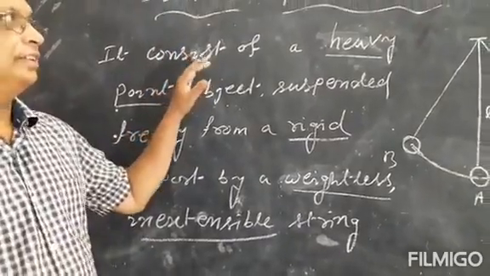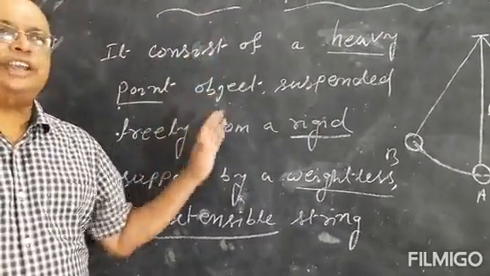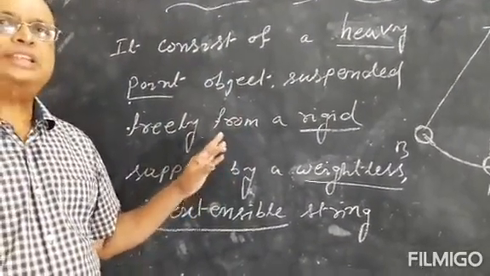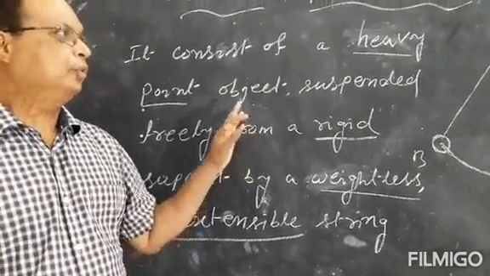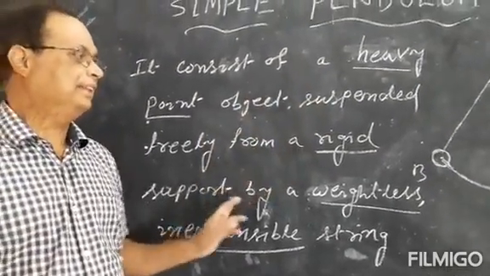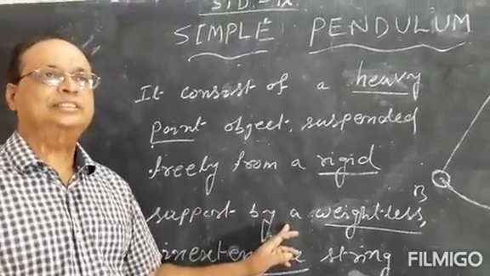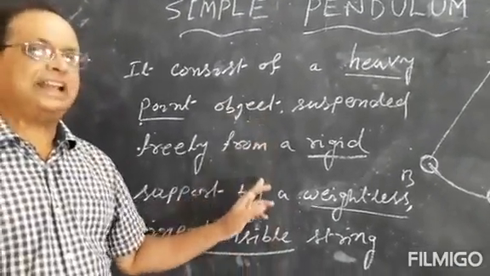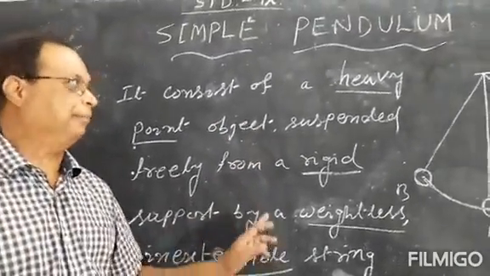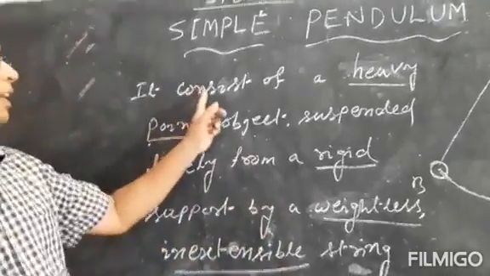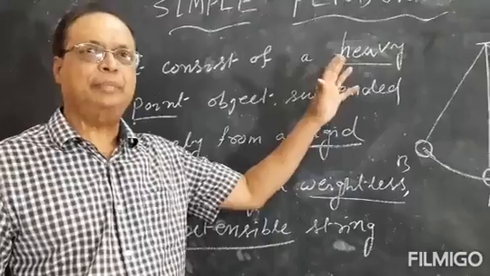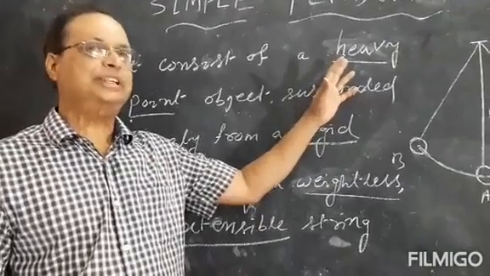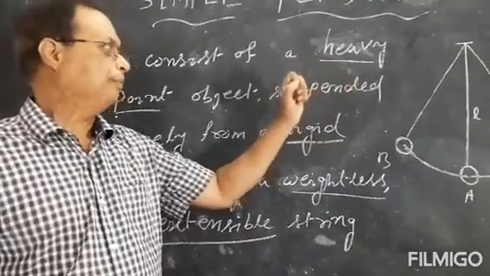Now this is a theoretical pendulum, because practically we cannot fulfill these things. This definition cannot be fulfilled in the laboratory. It should be heavy. Heavy means it should be big and the density of the object should be more.